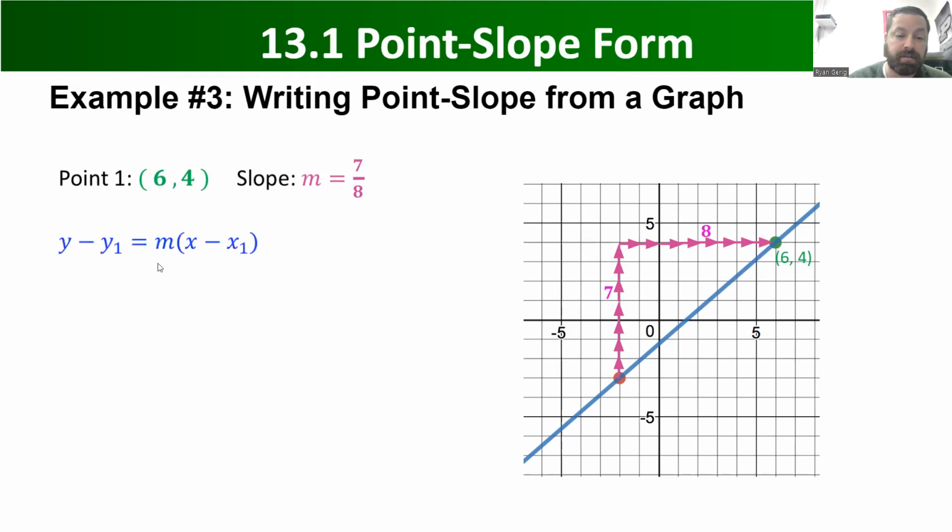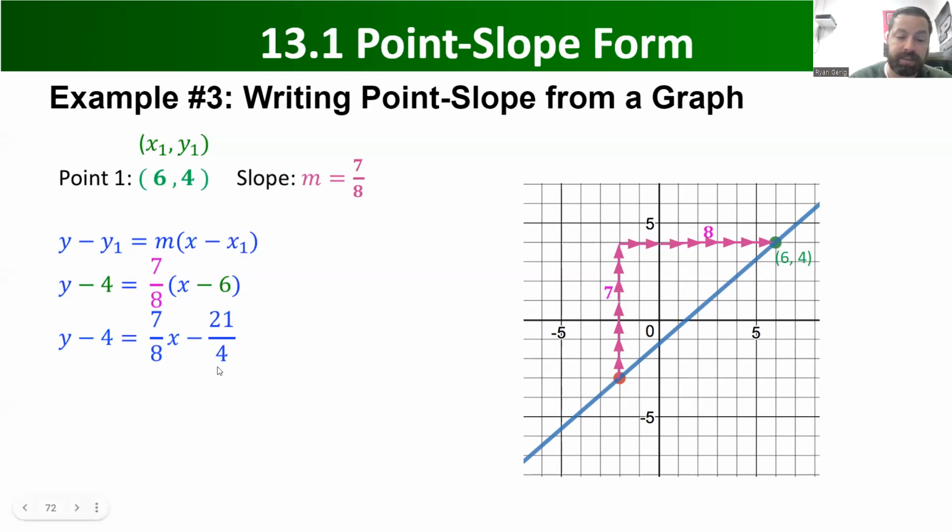Plug this stuff in. Y minus y1, which is 4, equals the slope of 7/8, x minus 6. Now when I distribute here, I'm going to get some nasty numbers. 7/8 x, 7/8 times negative 6 is actually negative 21 over 4. If you don't know how to do that or you have trouble with that, it's okay. I'm not going to do this too much to you, but it is good to see. And then I add 4 to both sides.